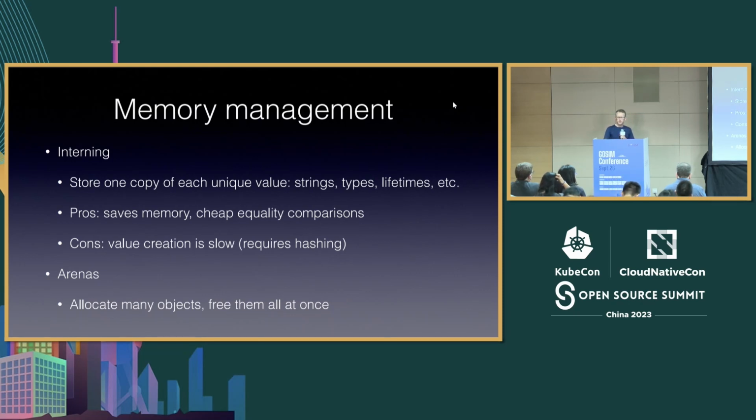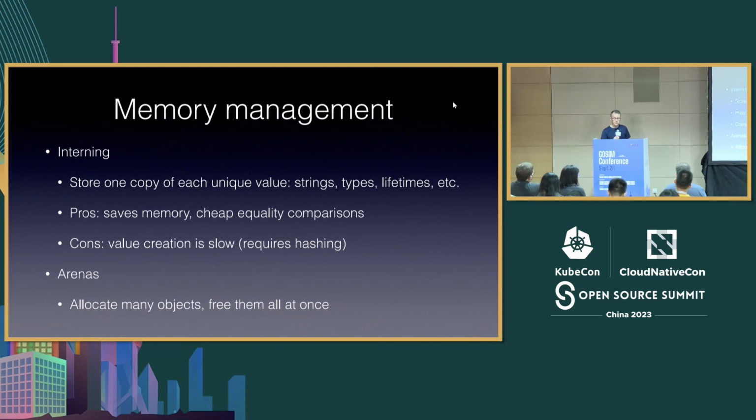It also means you can have cheaper equality comparisons because you can just look at the address of an interned value to decide whether 2 different interned values are the same or not. The downside of interning is that when you want to create a value, it's a little bit on the slow side because you have to do a hash table lookup to see, is this a new value or is it one that I've seen before?